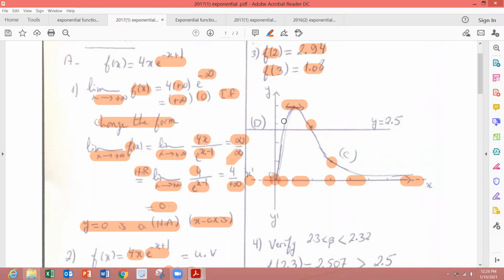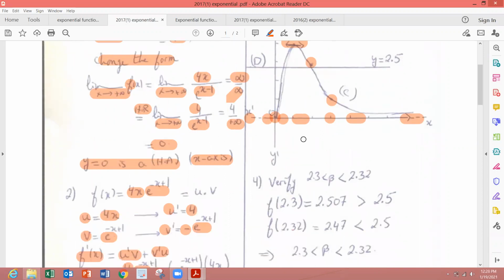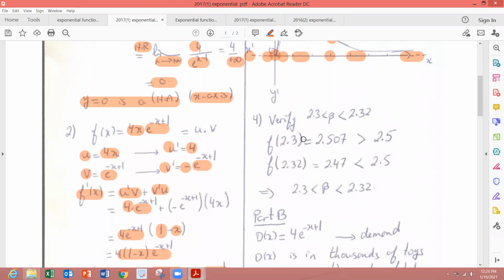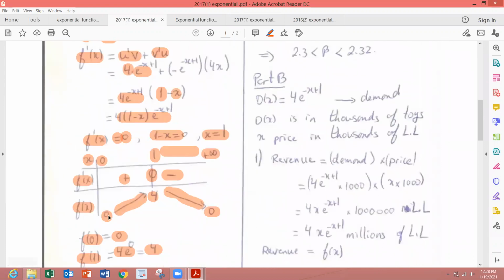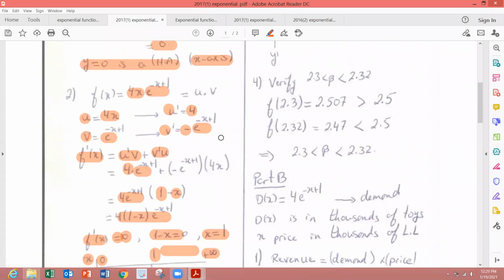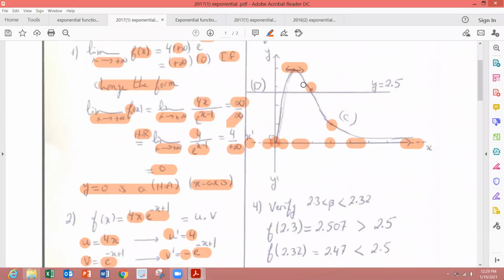So we have 4 particular points. You can take more particular points if you like by using your calculator. Now the curve starts from which point? From (0, 0), it increases to the maximum (1, 4). This is the first part.